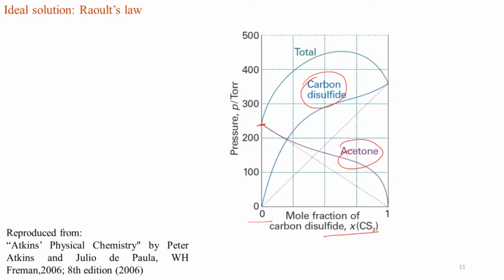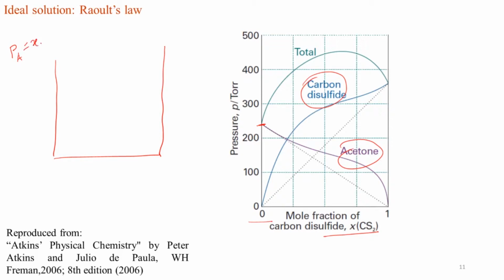And then we keep on increasing the amount of carbon disulfide, if we think of it as a kind of solute. Now, how should the expression for Raoult's law look? Remember, Raoult's law is a very big simplification.